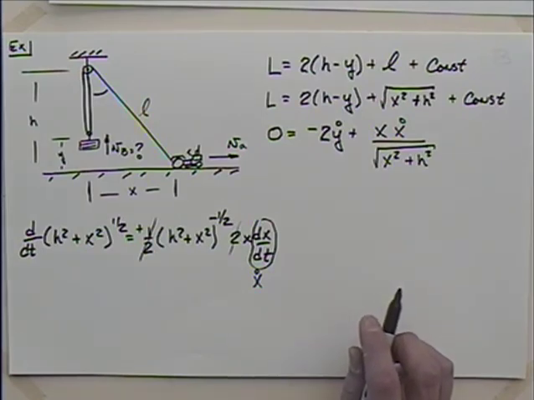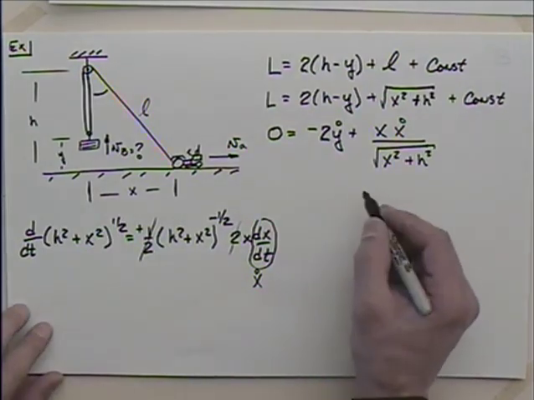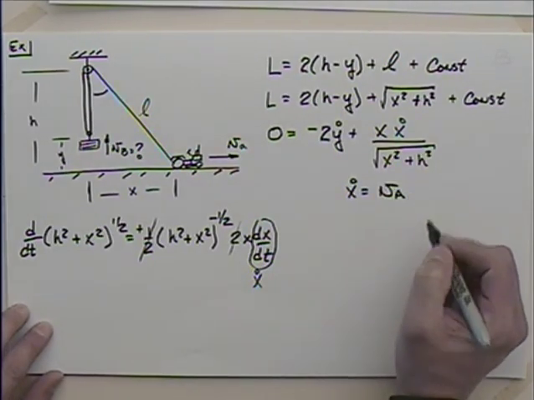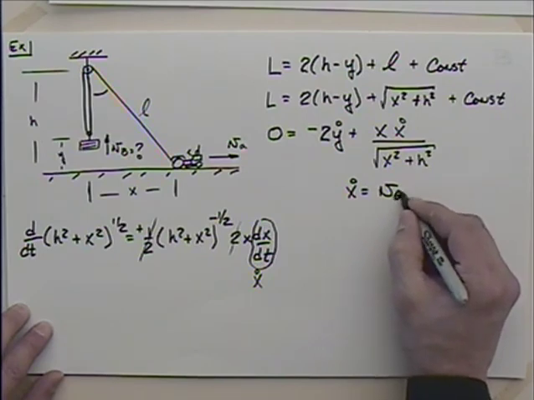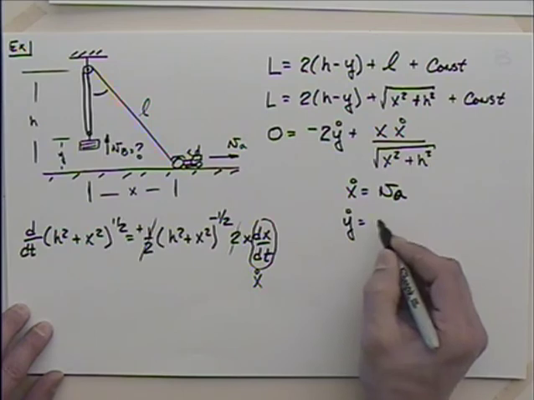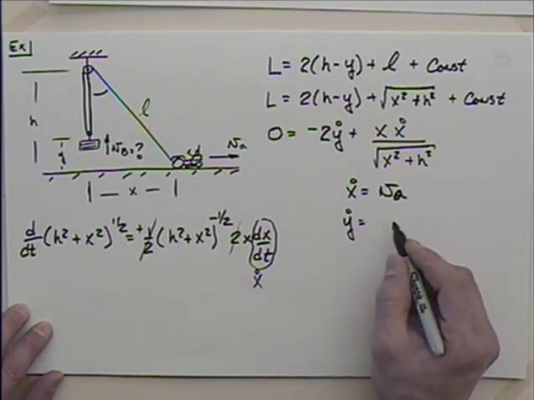So now if I make the substitution, what is x dot? That's the velocity of A, isn't it? And what is y dot? That's the velocity of B, isn't it?